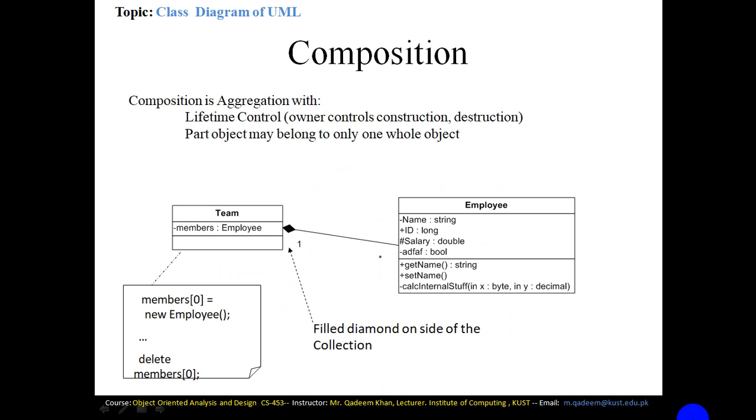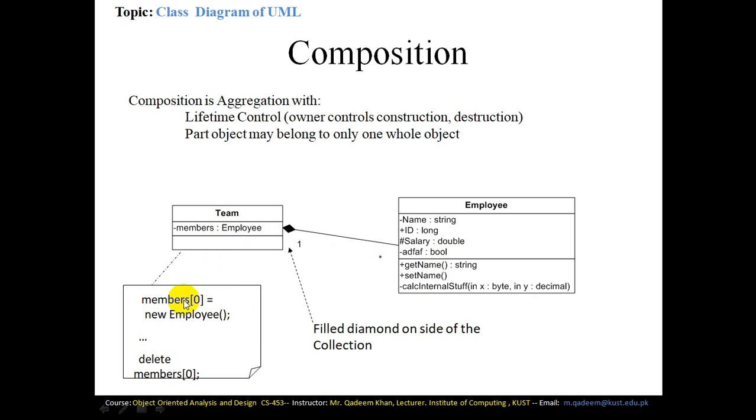Okay, the last one is called composition. Composition is also aggregation with life control. Owner controls construction, destruction is part of the composition. So part objects may belong to only one whole object. For example, you can see here the employee class. Employee class can access the team class.